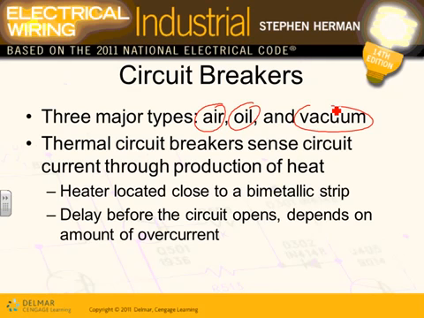You're looking at a big fat boy right here. This is also a 3,000 amp circuit breaker. This is an air circuit breaker because when they open them, there's no vacuum tube, there is no oil inside it, so it's an air circuit breaker. So almost all the stuff that you guys are going to be doing is probably going to be an air circuit breaker. Either molded case like this or power circuit breaker like this boy, air circuit breakers.